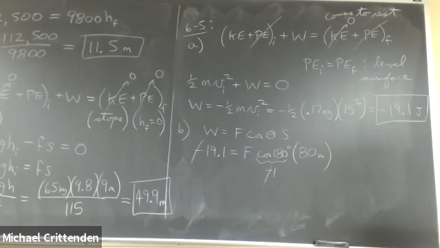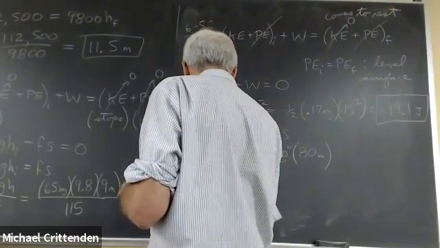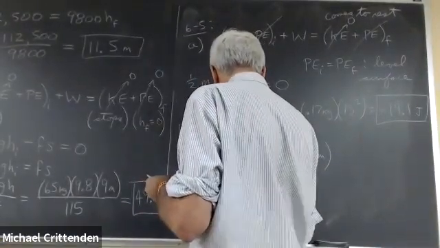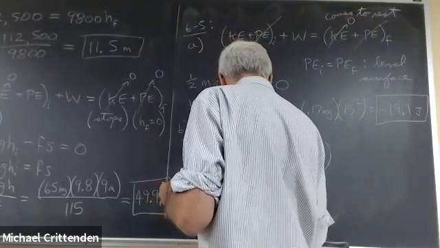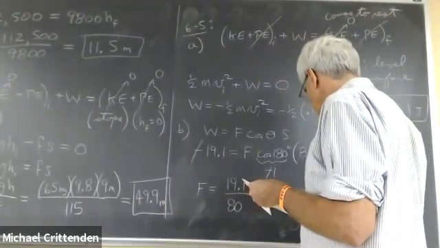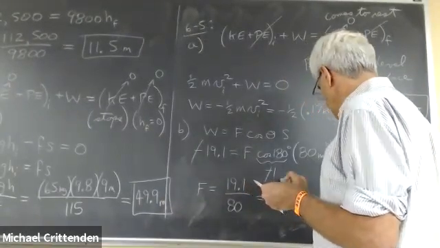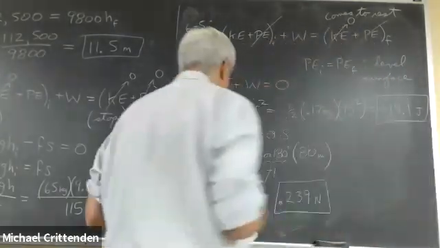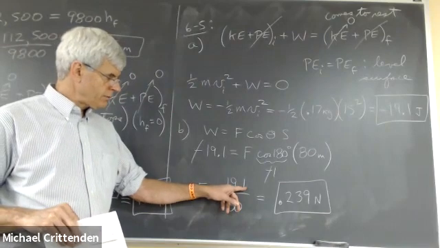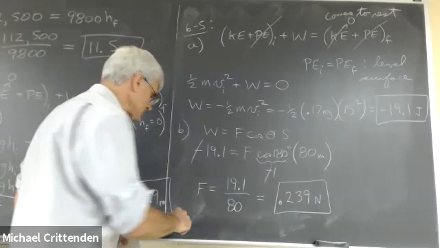And then divide both sides by 80 and you get the answer. Work is in Newton meters. Newton meters divided by meters gives you newtons.